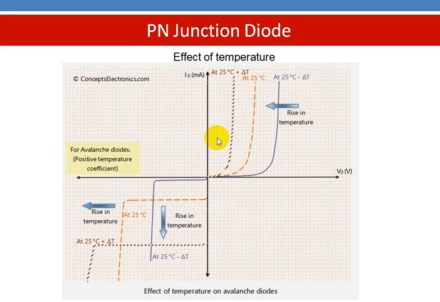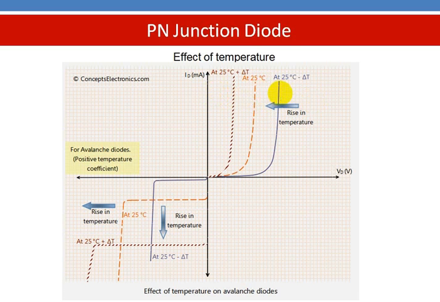Coming to the characteristics, we'll see the effect of temperature on characteristics. In the forward operating region, this curved red line is the characteristic at a temperature equal to 25 degrees centigrade. This is less than 25 and this is greater than 25 degrees centigrade. If you reduce the temperature, or operate below 25 degrees centigrade, we find that this curve shifts towards the left, that is, moving away from the vertical axis.